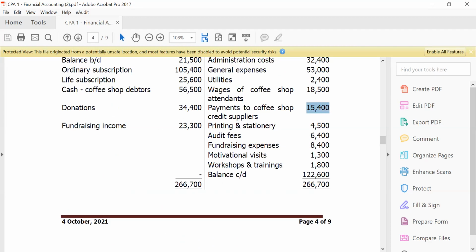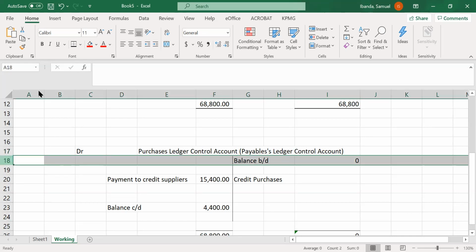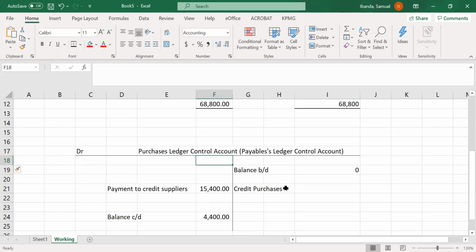So just like any other account, I'm going to record it right here. Just make sure that you also don't forget the degree of precision. Make sure that you indicate that these values are in UGX thousands also.